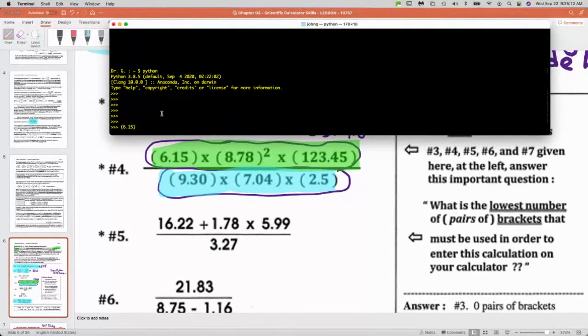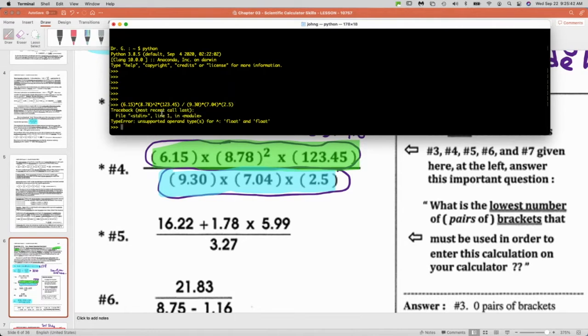I don't have a times symbol, I have a star, which is times on this computer. 8.78 squared times 123.45. This is going to be wrong. Divide 9.30 times 704 times 2.5. Again, this answer is wrong.